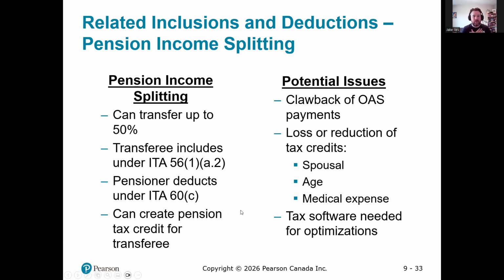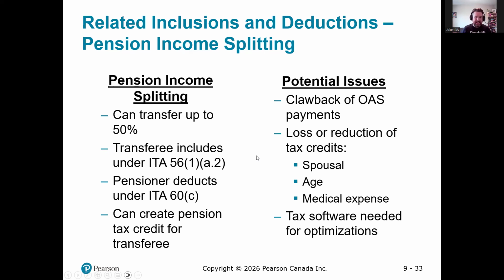I have the pension credit on my tax return because I'm earning pension income. My partner, who didn't have any income before, wouldn't have had the pension credit. But now that I've taken some pension income and put it onto their return, now they're eligible for the pension credit. So not only did we save taxes by splitting our income, we've also duplicated credits, saving us more money.